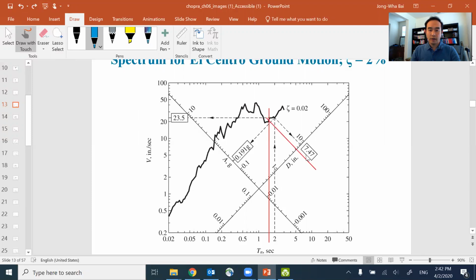When we go this way, it will give us the maximum deformation, which was 5-inch in the previous example problem. When we go the other way, then we'll get the maximum acceleration. That value was used to figure out the corresponding force, and force times distance, the height, was giving us the moment, right?